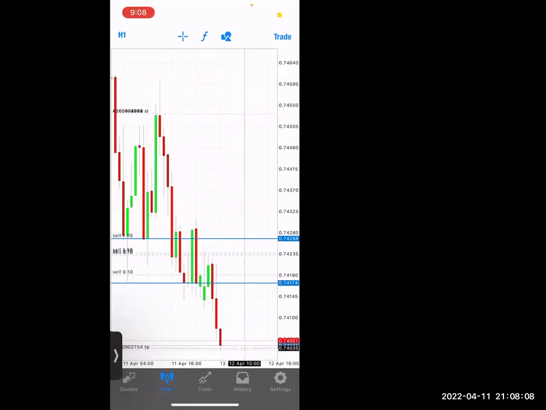You don't have to put a take profit in, but if you do, the red line has to cross over that line for it to close out automatically. If you're doing a buy, it's inverse: the blue box has to cross on the upside. That's just a little nugget for you guys.